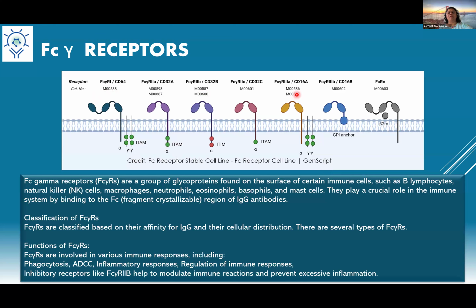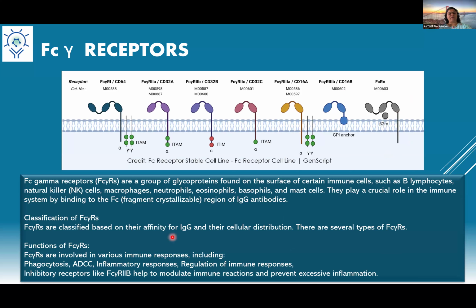Very well and commonly known are Fc gamma R3A, also known as CD16A, CD16B, and FcRn, where FcRn is responsible for clearance of the antibody. And Fc gamma R2B is known to modulate the immune responses by reverse or negative control of the Fc gamma receptor activation.